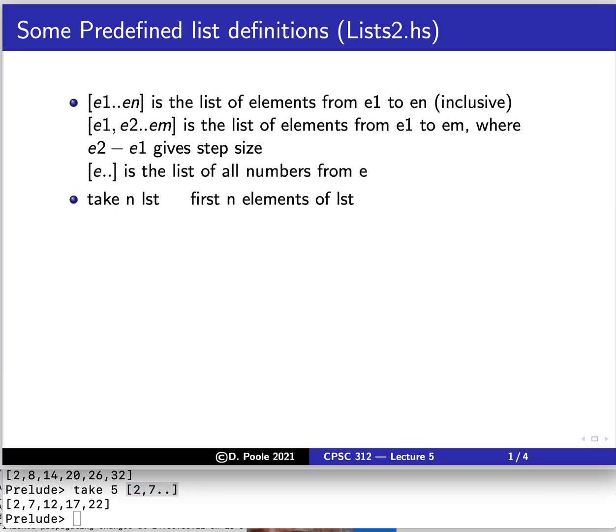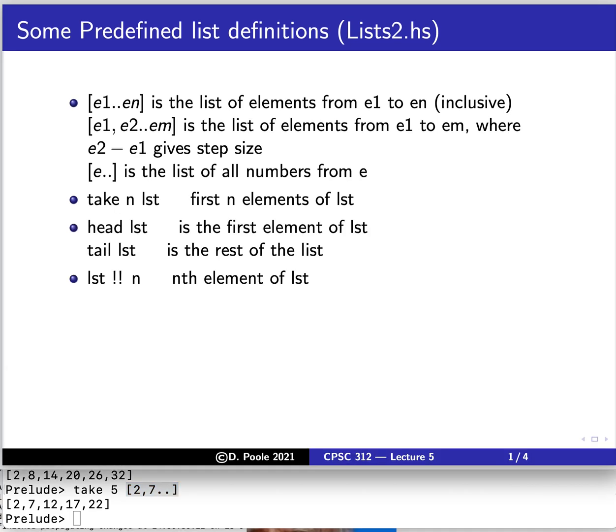The things that people in other languages tend to want to do are to take the head and the tail of a list, or to find the nth element of a list. In Haskell, you can actually do head and tail, and you can even find the nth element of a list. However, whenever I read Haskell programs, it's very rare to see this.